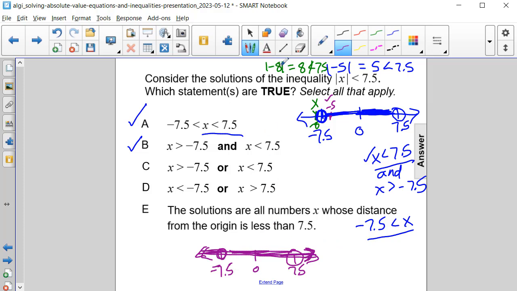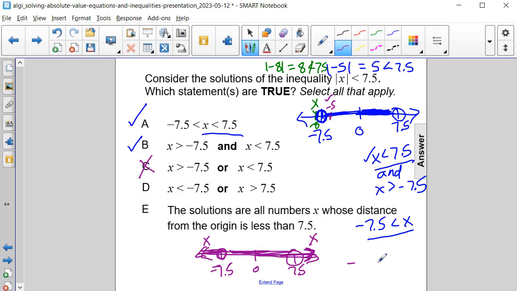Well, we even tried negative 8 and it did not fulfill that. We could also put in, say, positive 9. The absolute value of positive 9 is not less than 7.5. So this section of the number line and this section of the number line are ruled out. That's why answer choice C is incorrect.